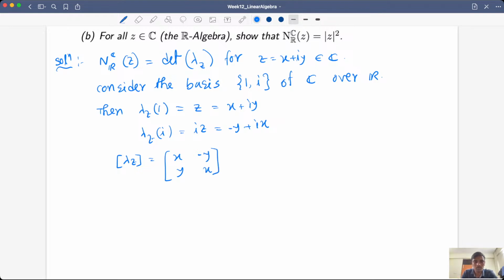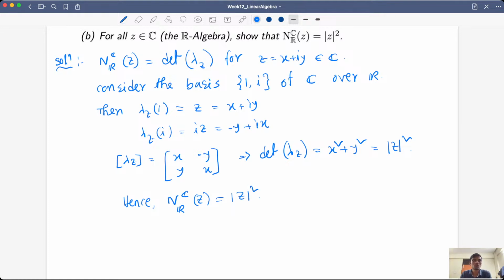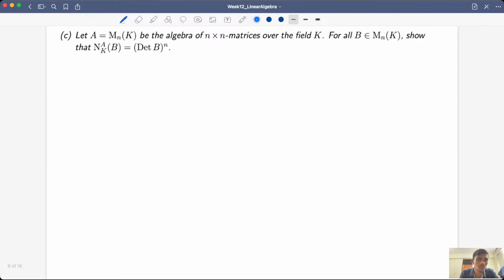So the determinant of lambda z is x squared plus y squared, and x squared plus y squared is nothing but the norm of z squared. Hence N of C over R of z is mod z squared.